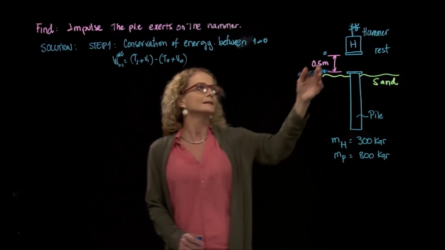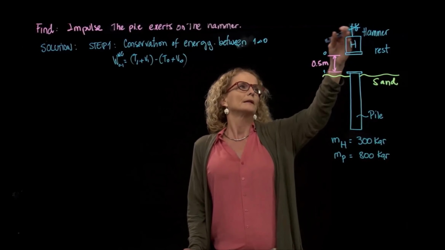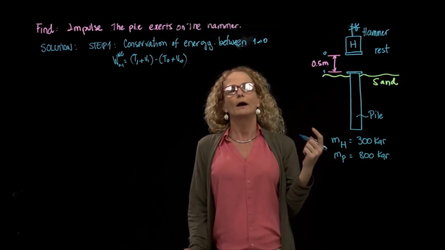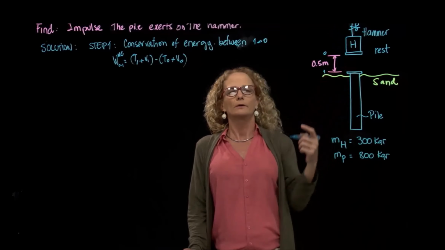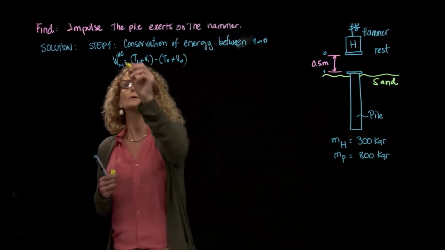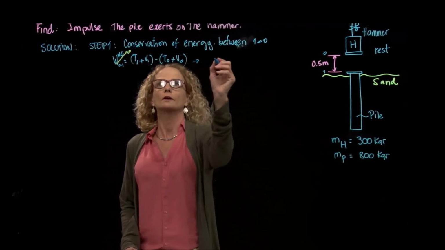But since there are no non-conservative forces, because the only force in the system when I cut that string is the weight of the hammer, and weight is a conservative force, this equals 0. Therefore, there is conservation of energy.